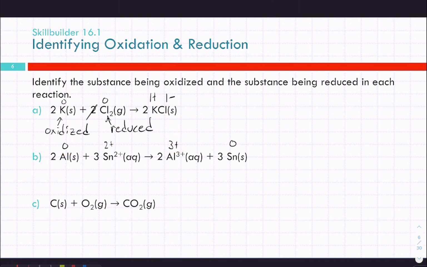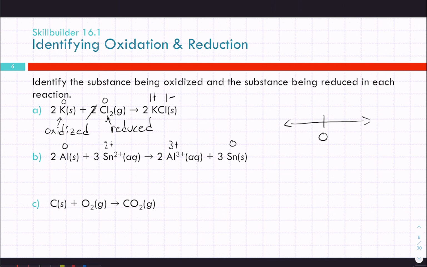So if your charge gets more positive, it's being oxidized because it's losing electrons. If your charge gets more negative, then you are gaining electrons. So tin here goes from 2. Actually, now I remember, we'll use this example again. Think of it as a number line, 0 being in the middle.